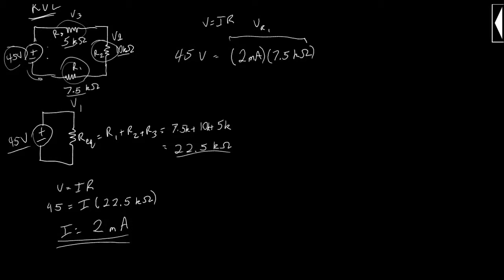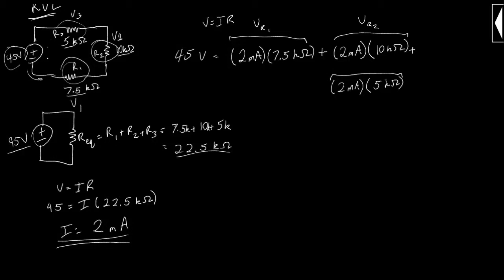Since it's in series, same current, 2 milliamps, times 10 kiloohms, and then this is just the voltage at R2, and then move down here times 5 kiloohms. This is just the voltage at R3.